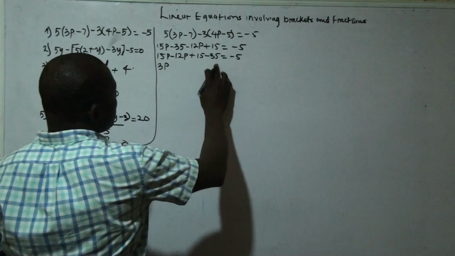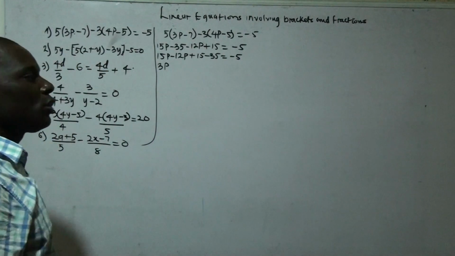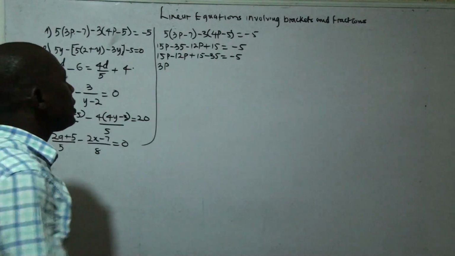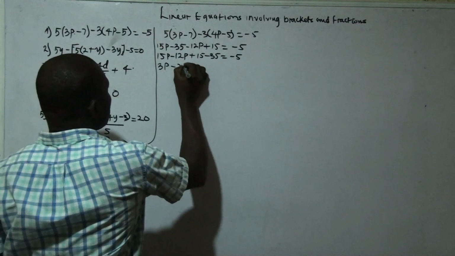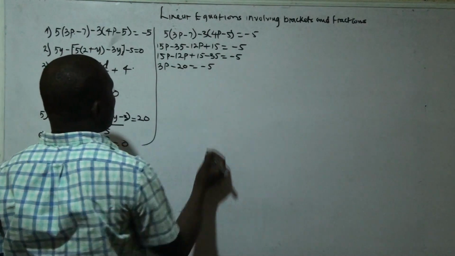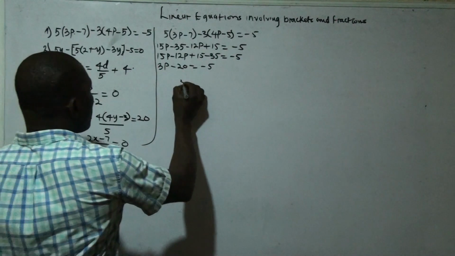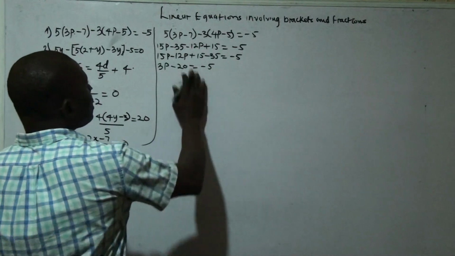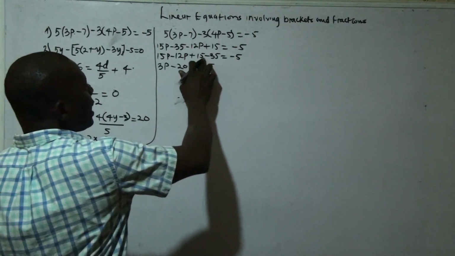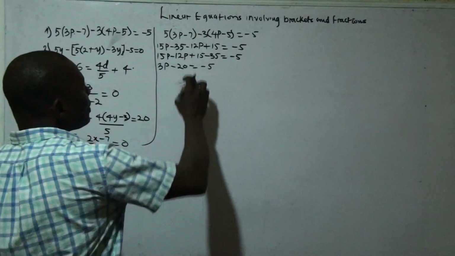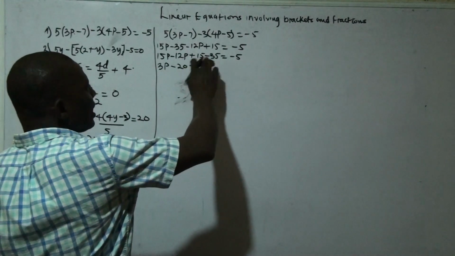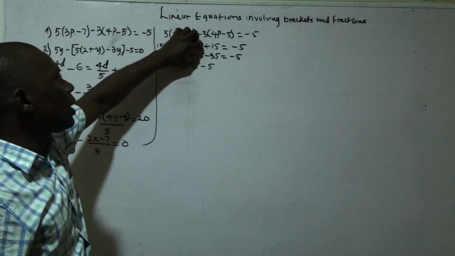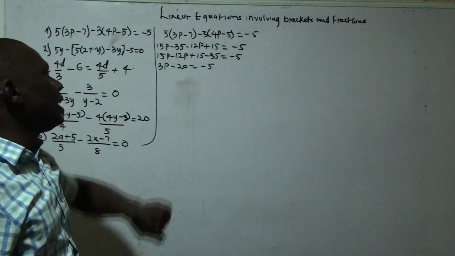Here 15 minus 35 is going to give us a negative number, minus 20, is equal to minus 5. We are saying 35 minus 15 is 20. Because 15 is lesser than 35, it's going to give us a negative answer, since there's no way we can borrow here.